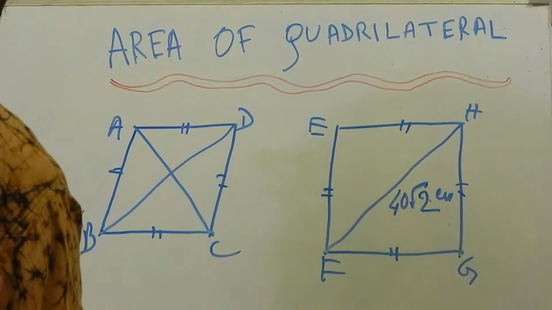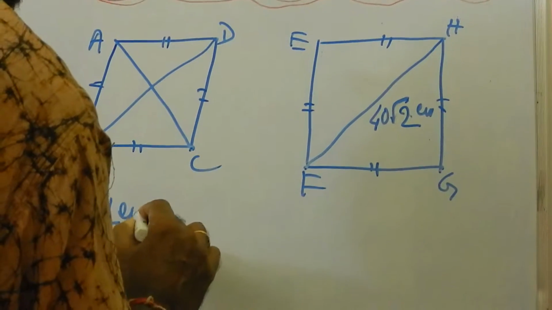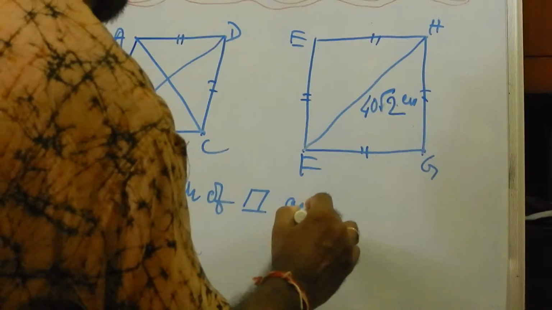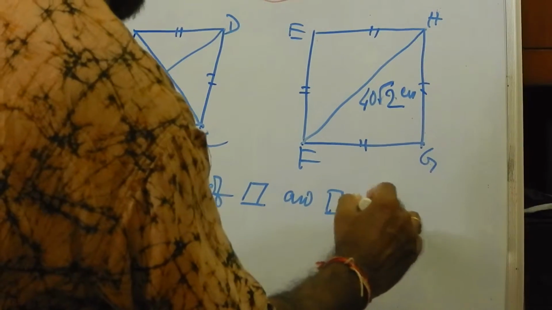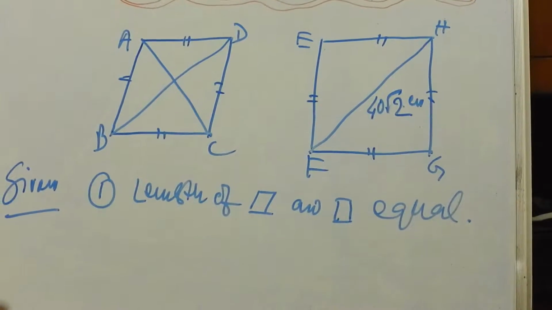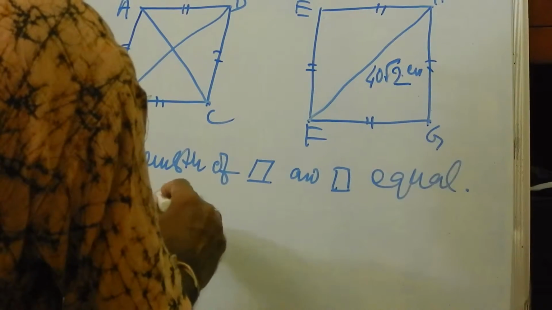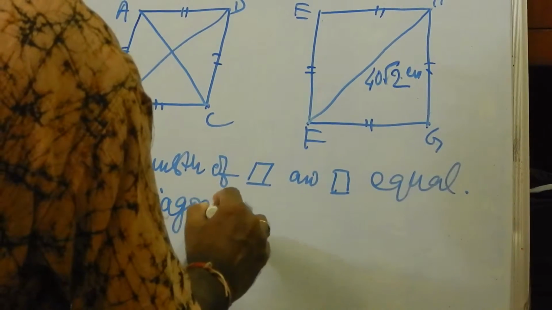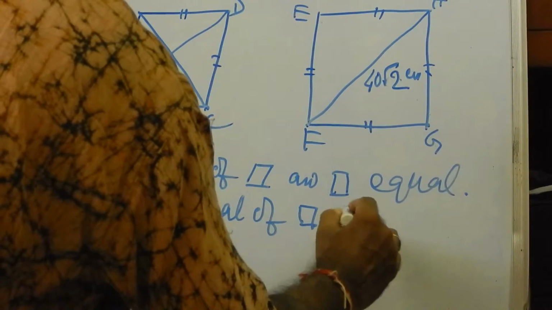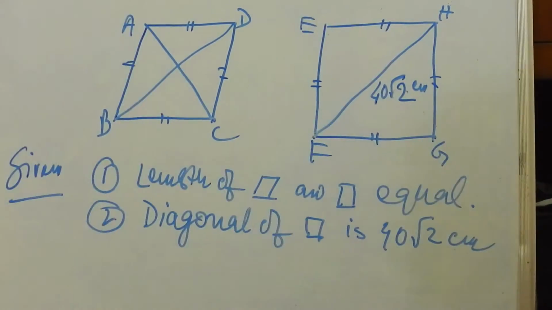So, given: number 1, the side length of rhombus and square are equal. Number 2, the diagonal of the square is 40 root 2 centimeter.